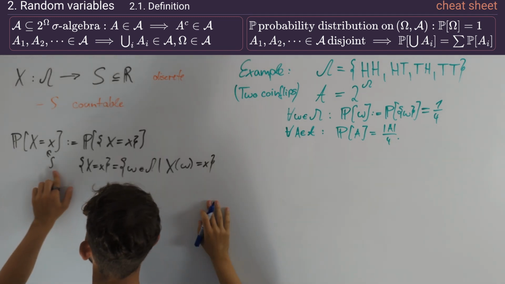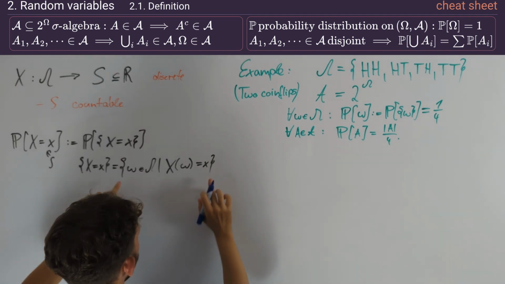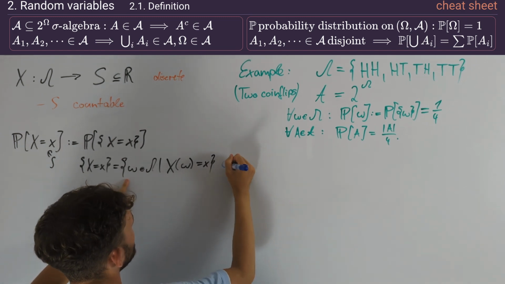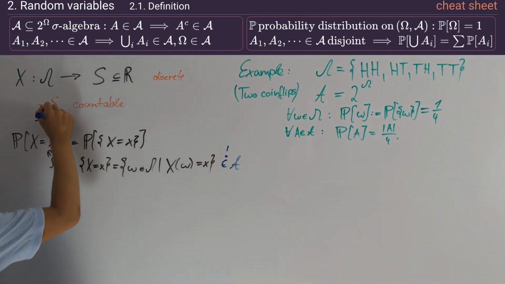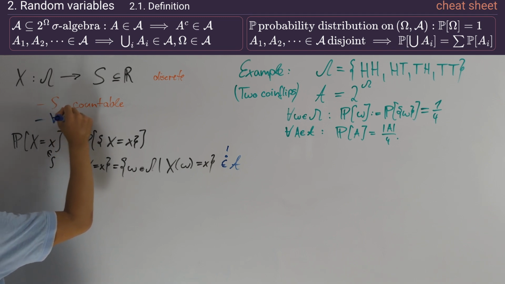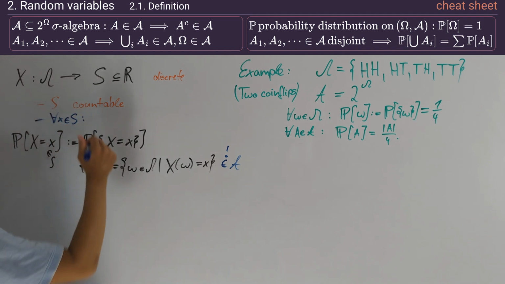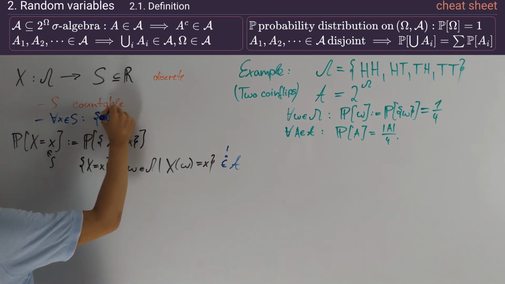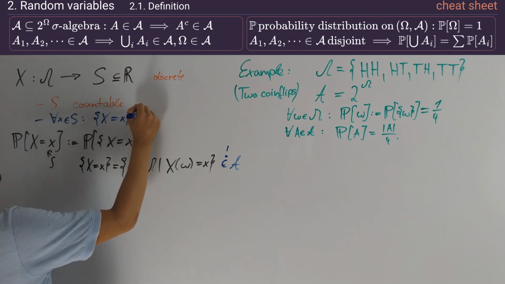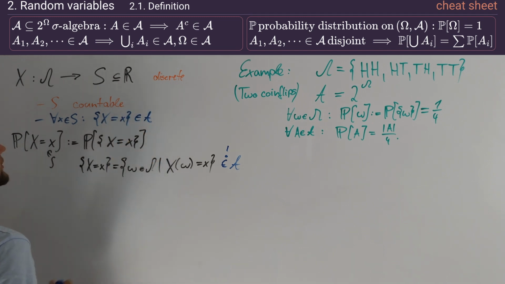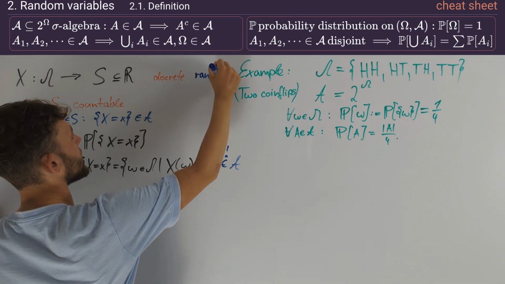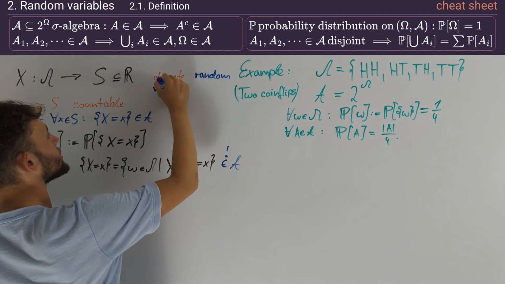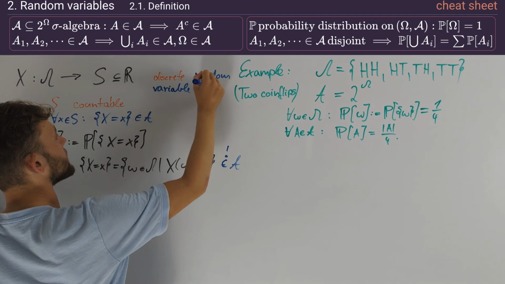Therefore, this probability is only defined if this is indeed an event in A. So we add to our definition of a random variable that for all little x in S, the set capital X equals x is an element of A. And in this case, we call X a random variable, or short, just RV.